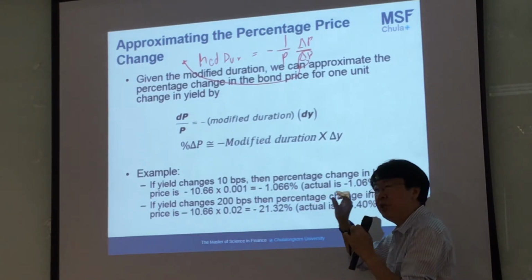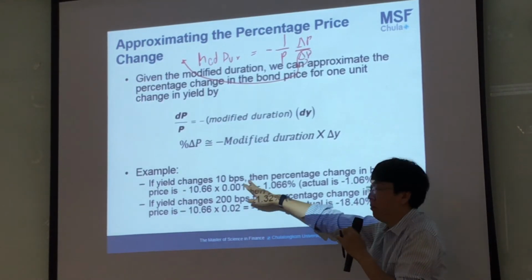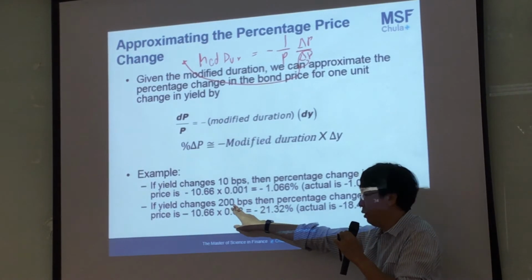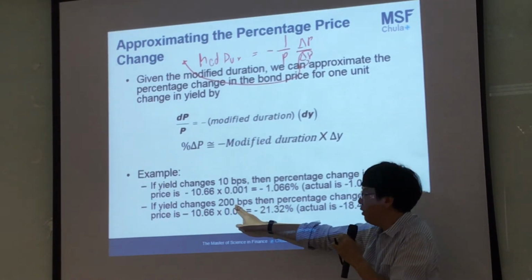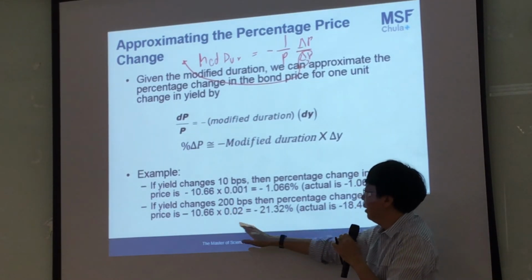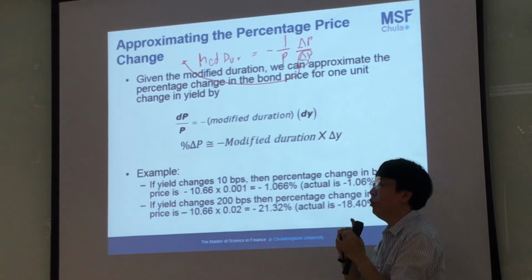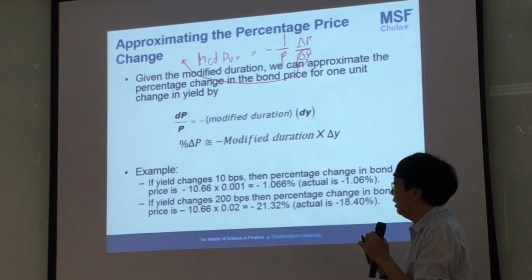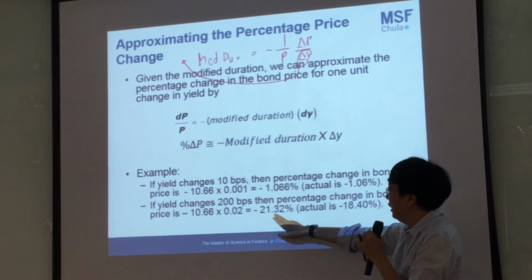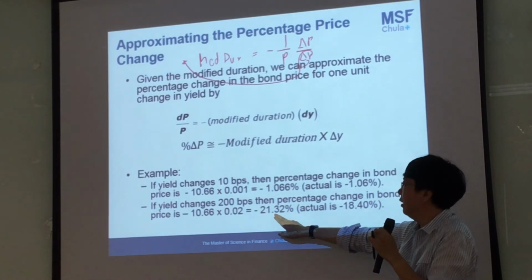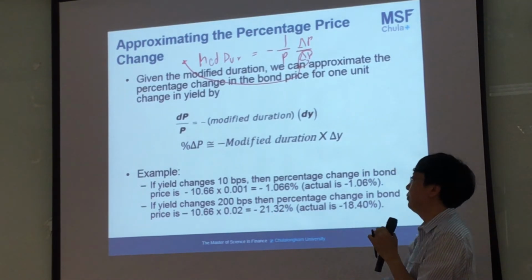Now let's see if the change is very large, not only 10 basis points, but 2% or 200 basis points. If you use the duration, based on the duration it will predict that the bond price will change 21%.